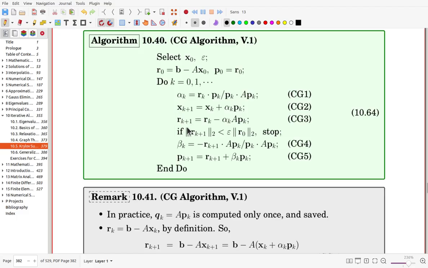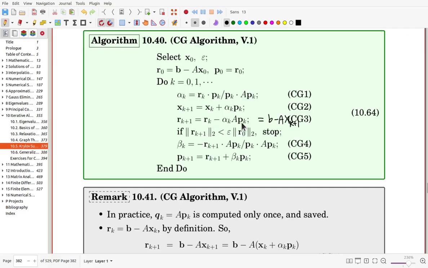Now, we try to make rk plus 1, the residual. By definition, this is the same as b minus A xk plus 1. Right? But rather than this one, we try to get it this way.